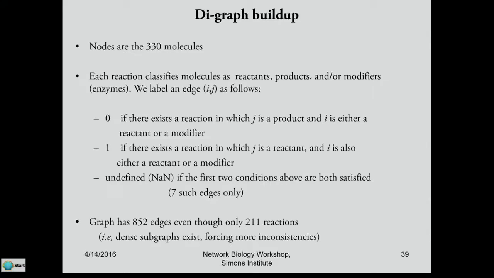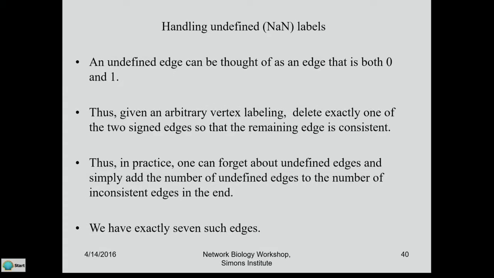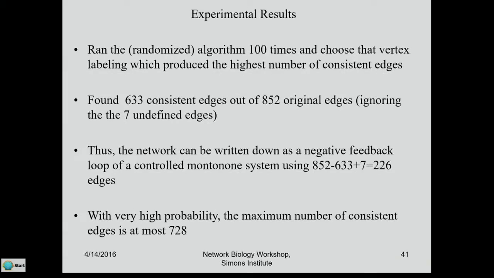The graph has 852 edges but only 211 reactions, so it's actually dense. It has dense subgraphs. We ran the randomized algorithm and found 633 consistent edges out of the 852, which is not very large. So lots of edges have to be deleted to make it monotone.